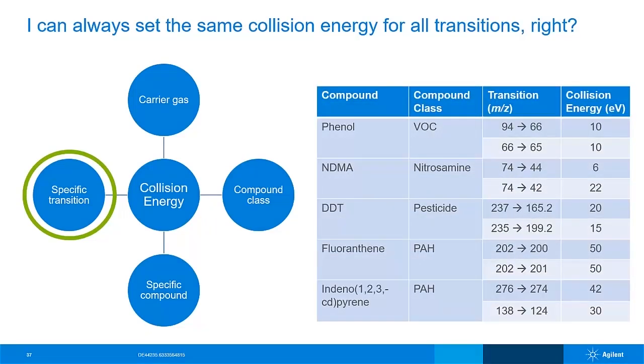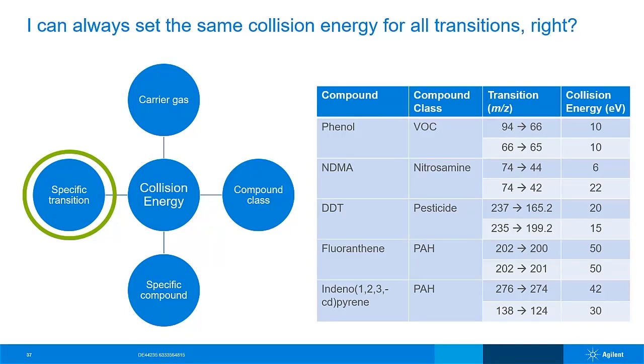So focusing on a single compound from each compound class, we can see that phenol has the same collision energy for 2 of its transitions, while N-nitrosodimethylamine requires more electron volts for the transition of 74 to 42 mass to charge ratio, at 22 electron volts, compared to the transition 74 to 44 mass to charge ratio, which only requires the 6 electron volts we mentioned before.